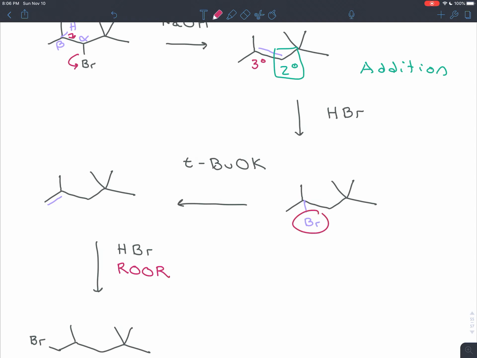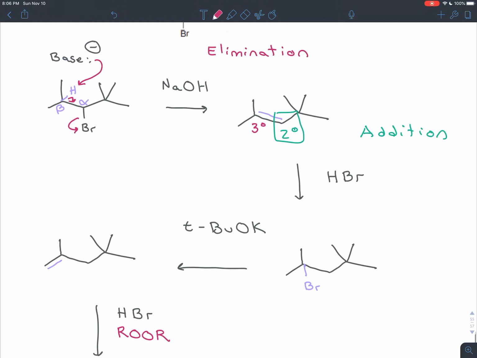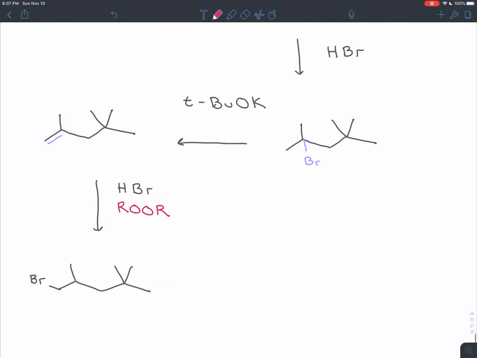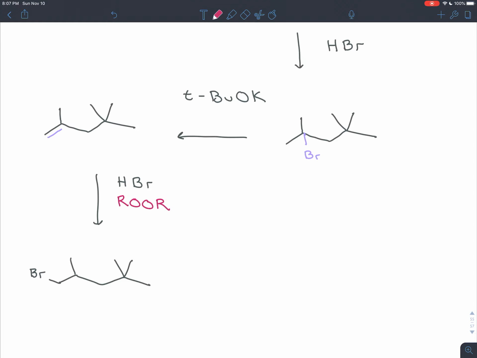Now once we had a good leaving group, we could do an elimination again. We know we had to do an elimination because you see the bromine here, and it's not in the final molecule, so you have to eliminate it. So we knew we were going to use a base. We wanted to get the less substituted Hofmann product, so we used a bulky base, like potassium tert butoxide. Now we have the electrons all the way at the far left.